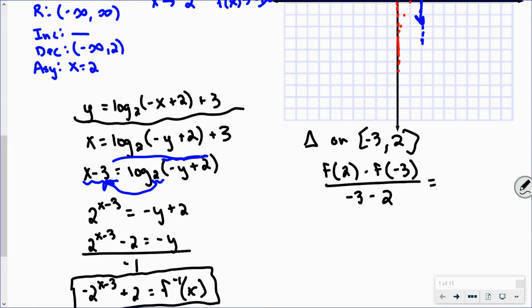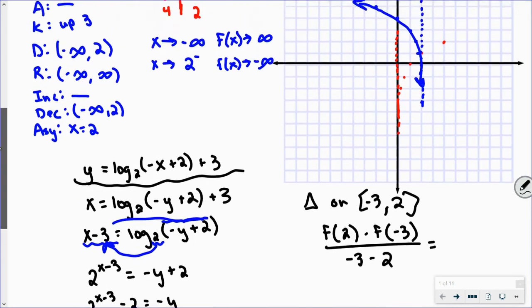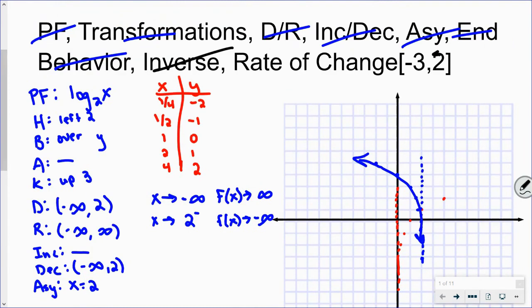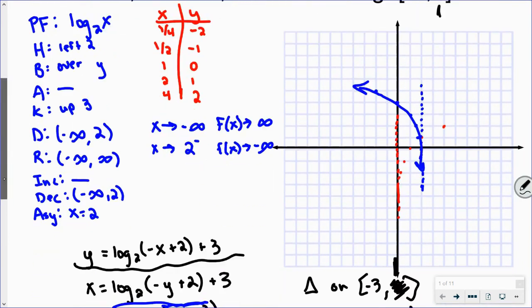Okay, so that creates a problem, because remember, we couldn't actually have 2. I picked those numbers randomly and forgot about moving it right 2. So we're going to change this to make it work. We're going to change this to a 1. Okay, let's change this to a 1. Okay, now we can work that.